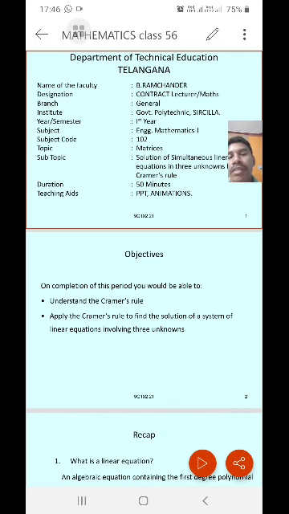In total we have 3 methods from the matrix, and in the previous class we discussed one method, that is the inversion method, and in this class we learned the determinant method or Cramer's rule.